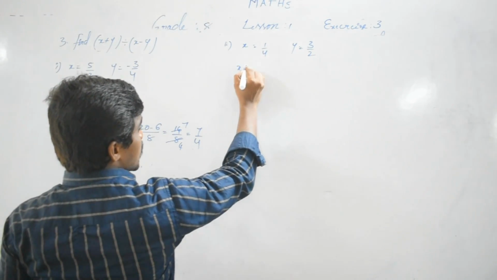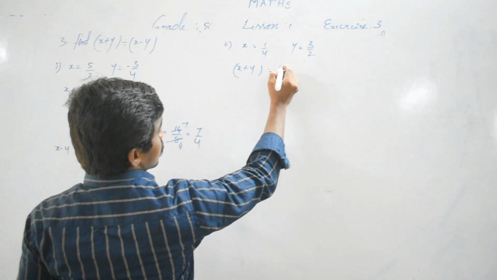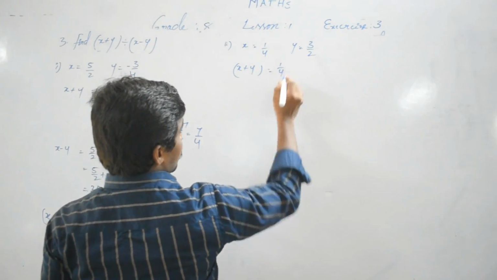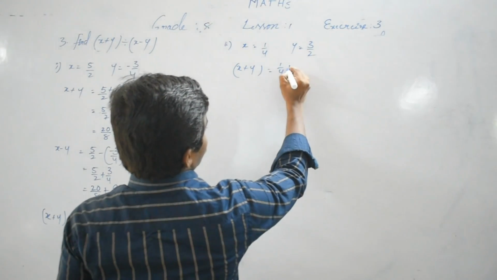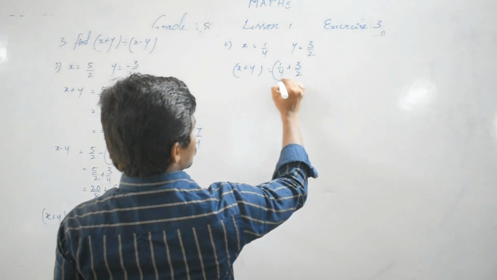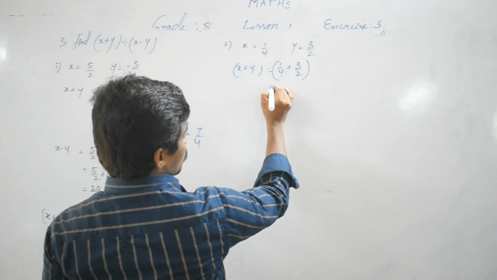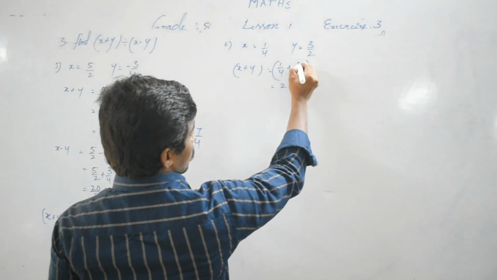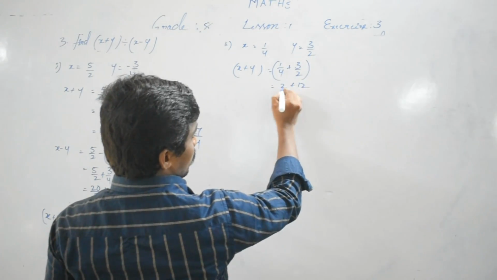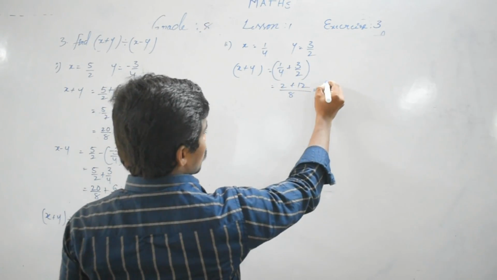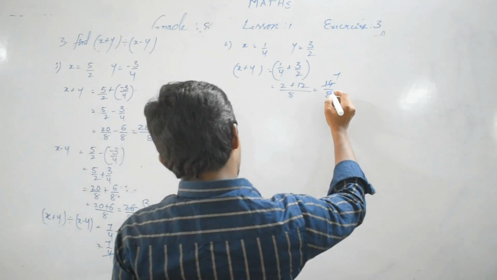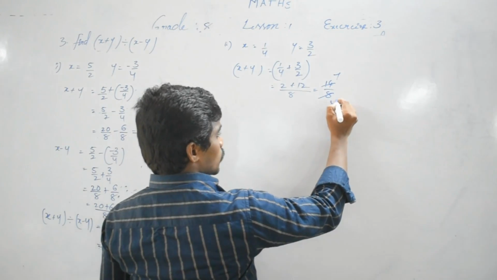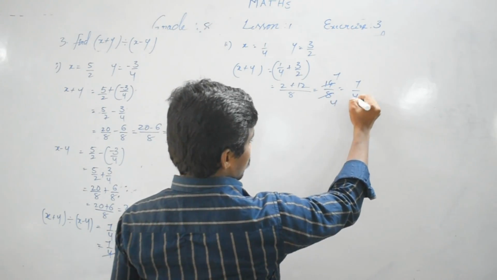So x plus y, 1 by 4 plus 3 by 2. So here 2 1s are 2, 4 3s are 12 by 8. So 14 by 8. 7 1s are 7, 2 4s are 8, 7 by 4.